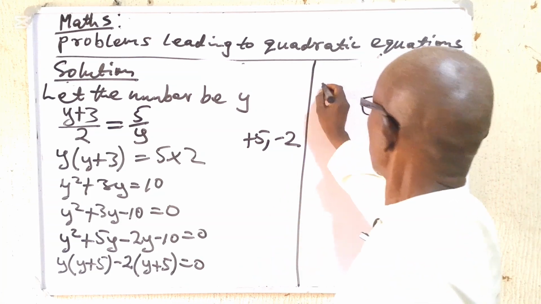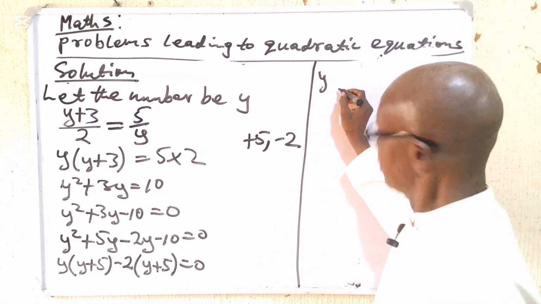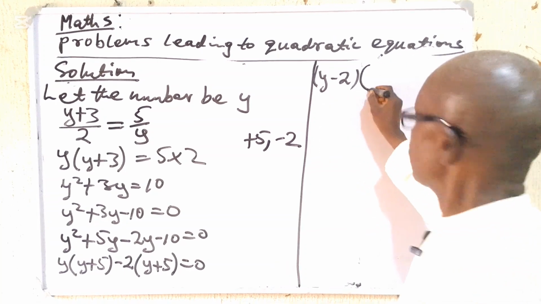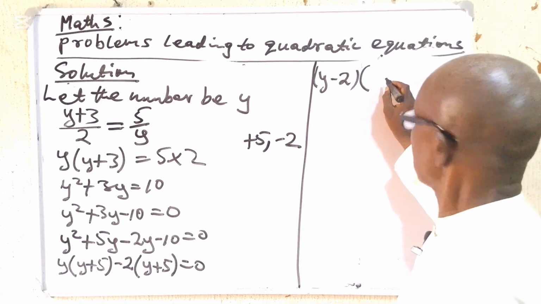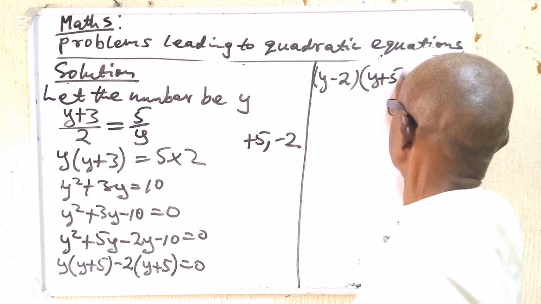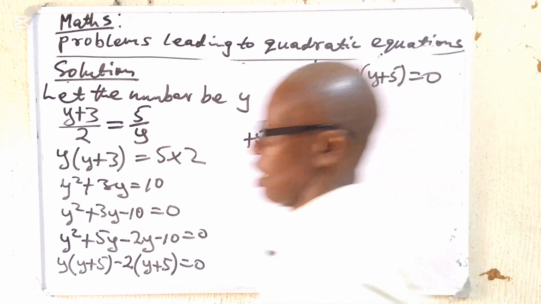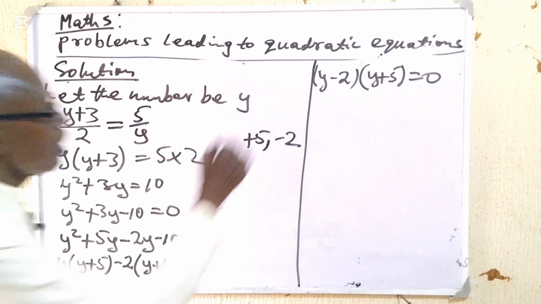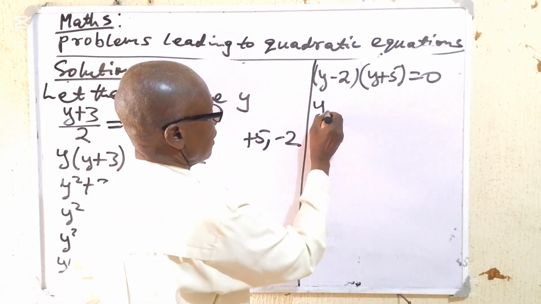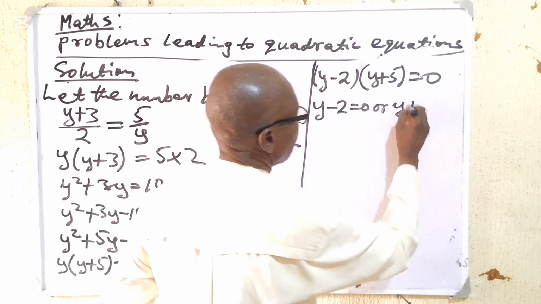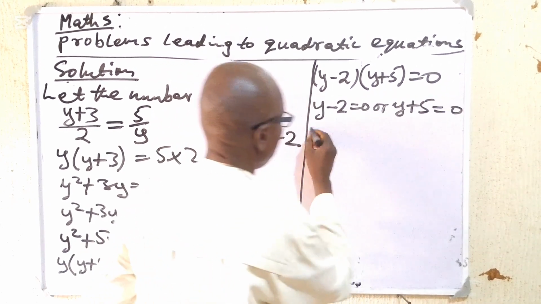So continuing from there, we have y minus 2 into y plus 5 equal to 0. And from here we can go straight and find the values, because from here we can see that it's either y minus 2 equal to 0 or y plus 5 equal to 0.